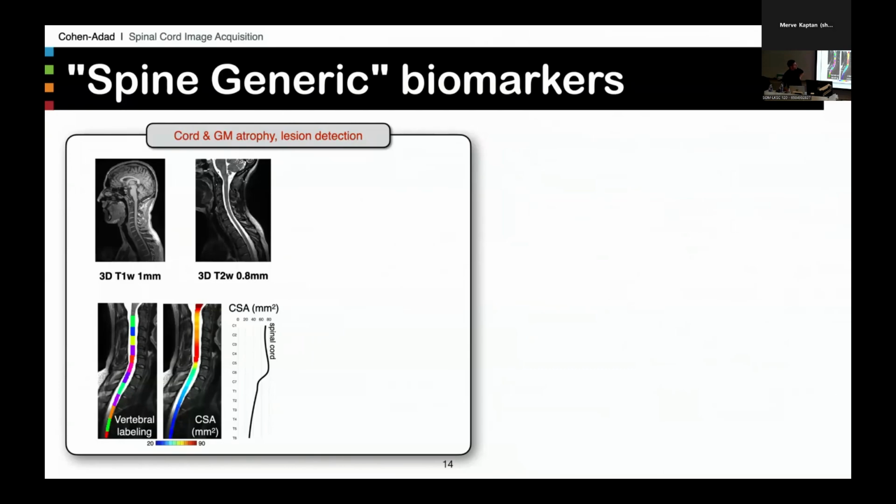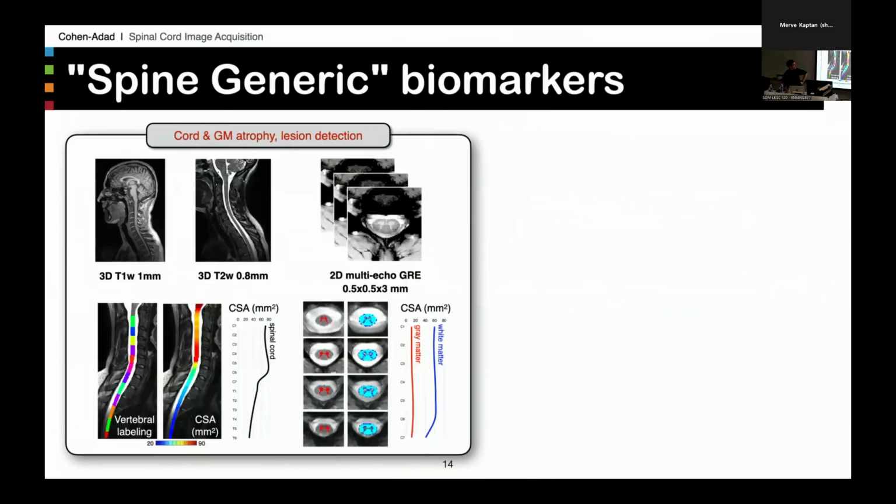It could be used to compute compression metrics as well. It also includes a multi-echo gradient echo sequence, so T2 star weighted with high in-plane resolution. And that's used for segmenting the gray matter. And if you have the cord and the gray matter, then you can also get the white matter.